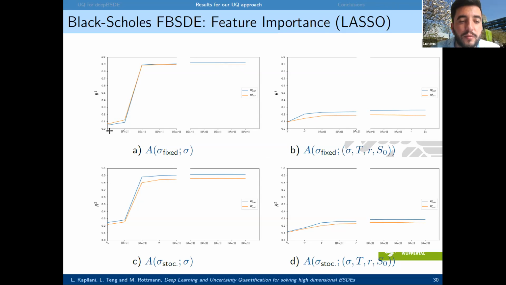In this part A, sigma is chosen as the first most important feature, which is the volatility that we have varied. Directly after this, the most important is the gradient information that comes from the gradient with respect to Y0.